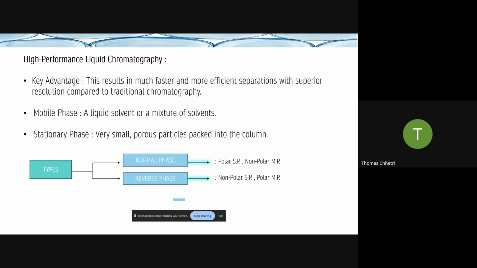The stationary phase is very small porous particles packed into the column. So there are two types of HPLC. One is normal phase and the other is reverse phase. In normal phase, the stationary phase is polar and the mobile phase is non-polar. And in reverse phase, it is the opposite. The stationary phase is non-polar and the mobile phase is polar.